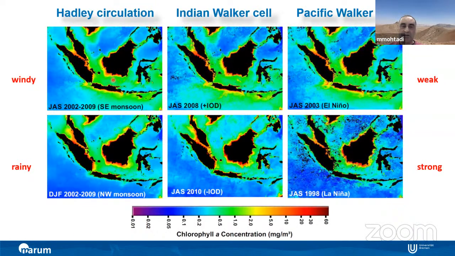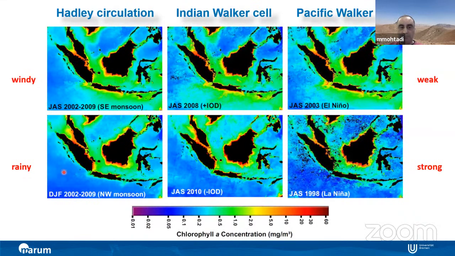So the pattern is really the same, somewhat stronger or weaker, but really the high productivity in this region can be a seasonal feature related to monsoon or to ENSO or to IOD.